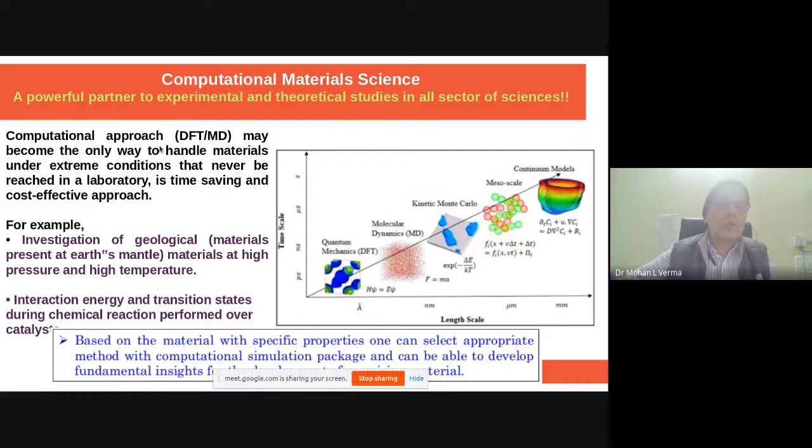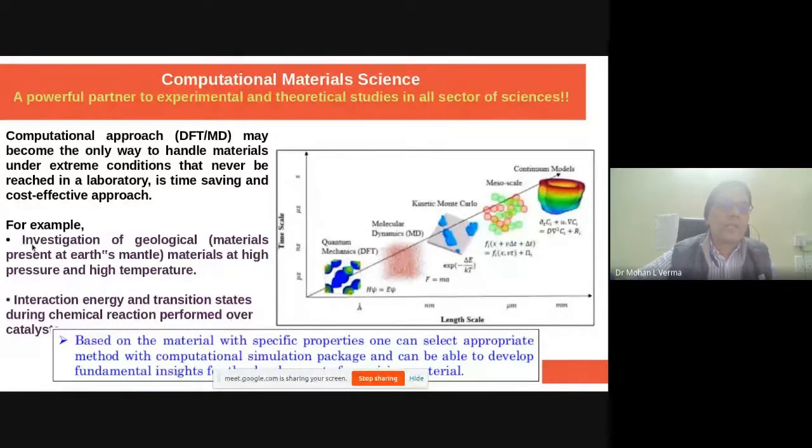The computational approach, whether DFT or MD, which stands for molecular dynamics, may become the only way to handle materials under extreme conditions that can never be reached in the laboratory, in a time-saving and cost-effective approach. So when we compare with experimental work, this is a very time-saving and cost-effective approach.